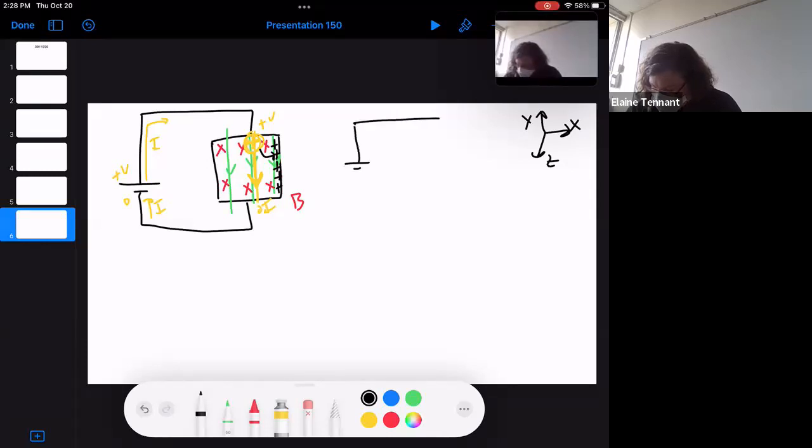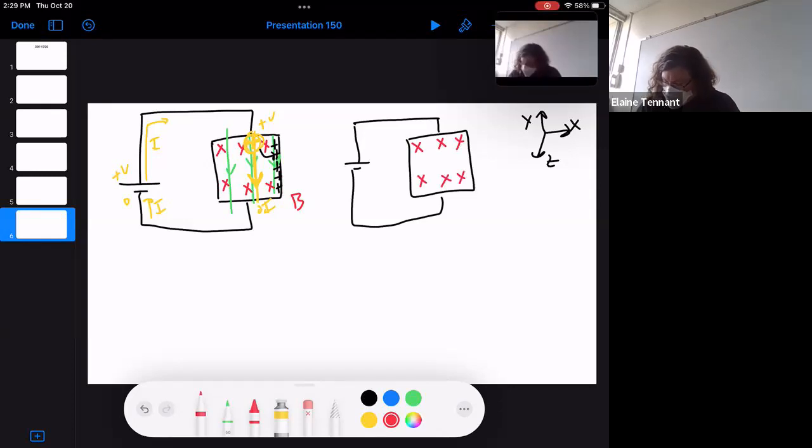Okay, exact same set of circumstances, but I'm about to ask you about negative charges. So my field is like that. Now what if instead of positive charges going one way, I really had negative charges going the other way? Which way are they going to feel a force?